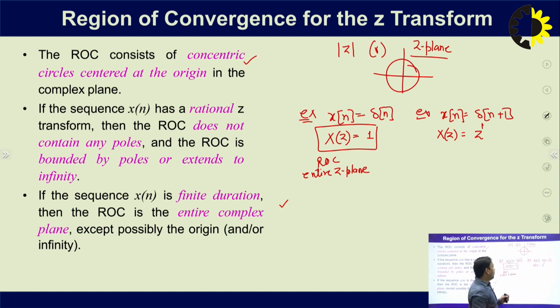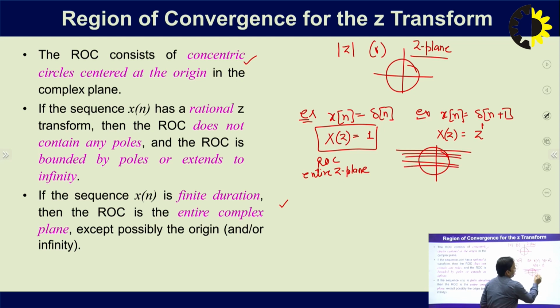So if x[n] is finite duration and absolutely summable, then the ROC is the entire z plane, except we now need to check z equal to infinity. If we represent the entire z plane as part of the ROC, then at z equal to infinity, the value of X(z) will become infinite.